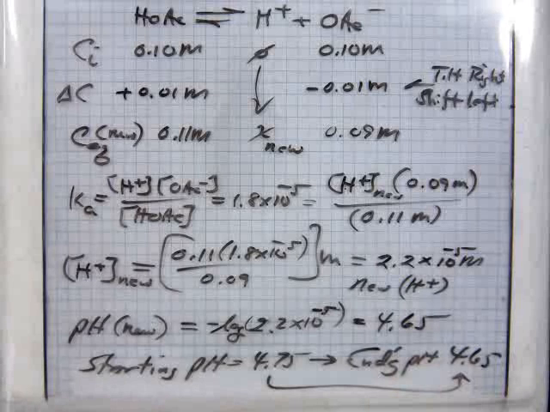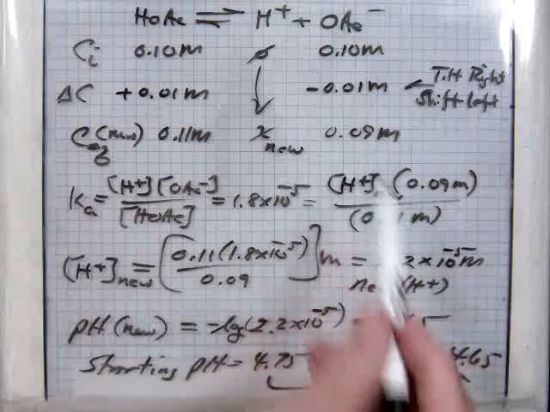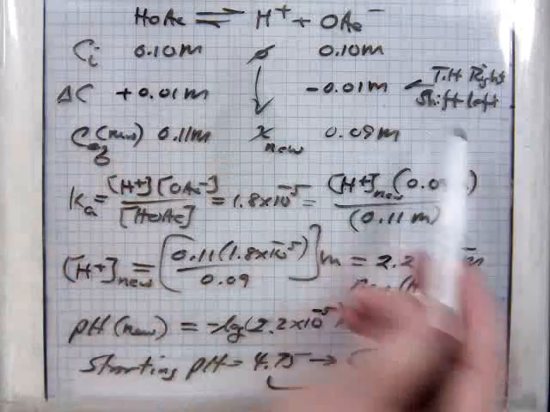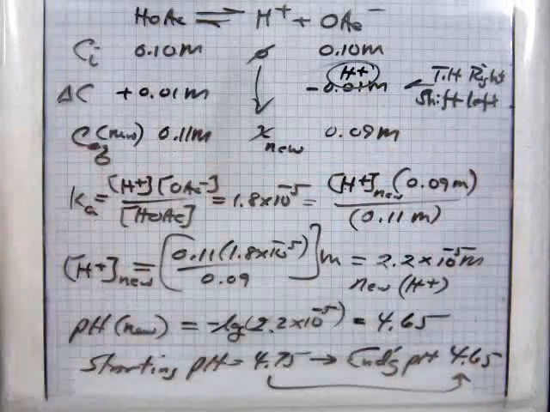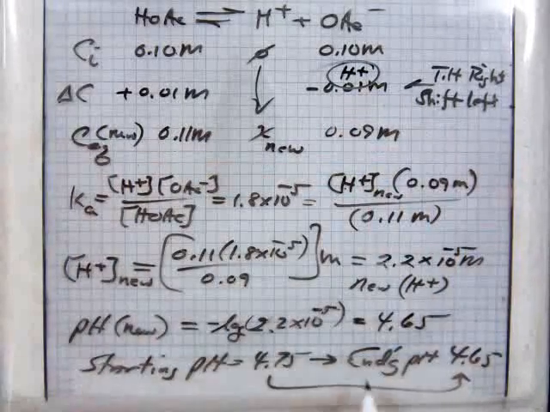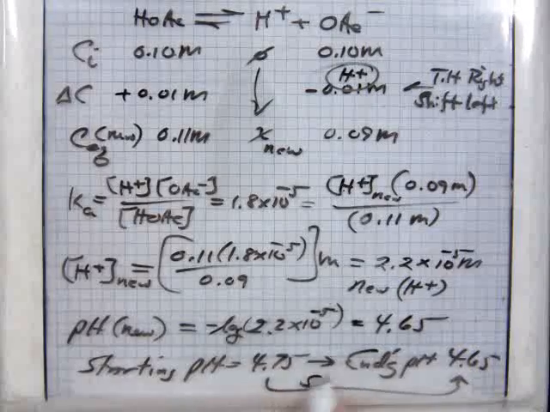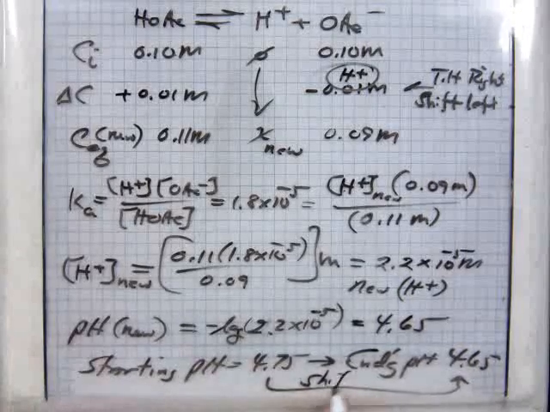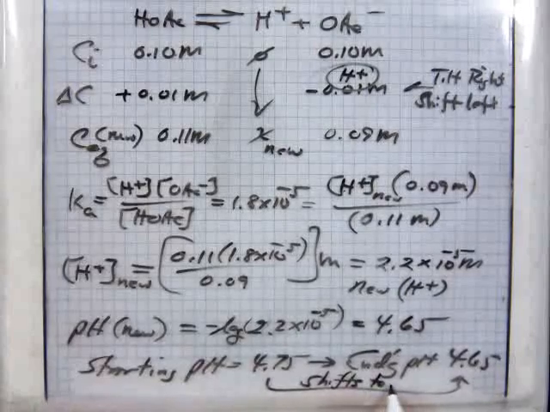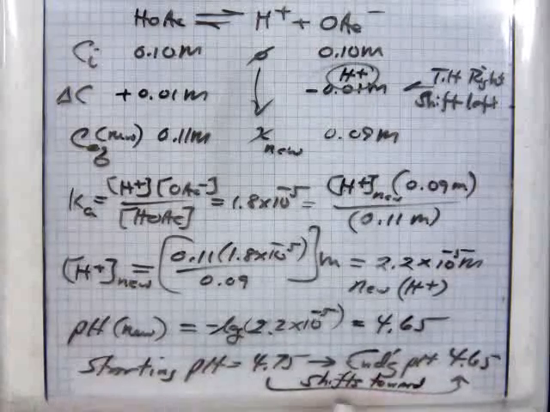Now, one of the things you want to notice about what happens to a buffer if an acid is added: you've got to take out that acid. It shifts in the acid range, shifts toward the acid side, or lower pH.